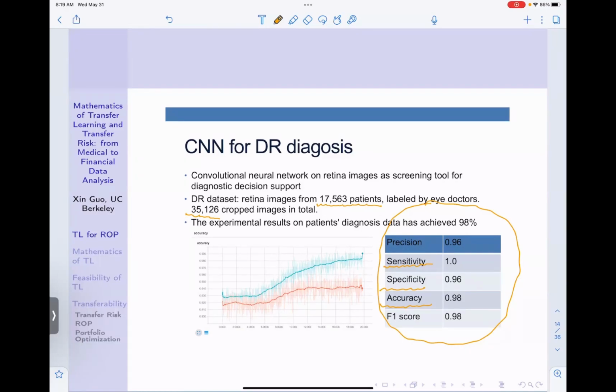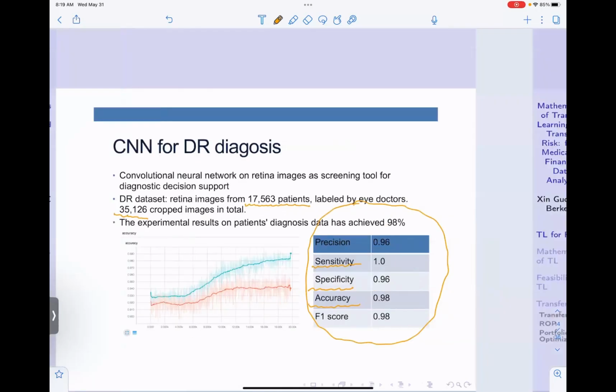Okay, so these are the different criteria, and the scores here show you how advanced using machine learning to diagnose DR has become. It's over the 95% of the desirable level.